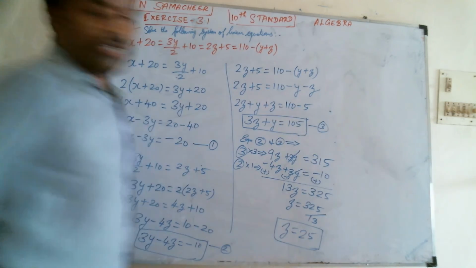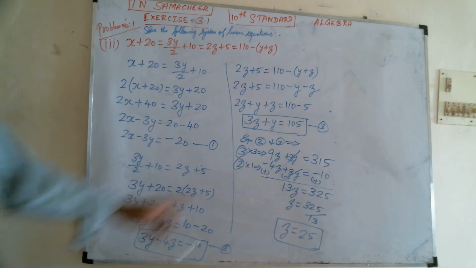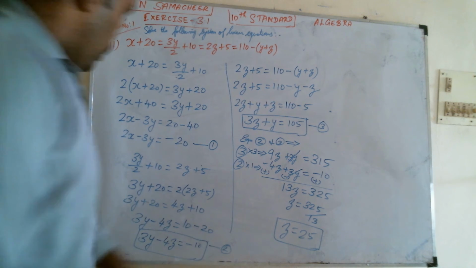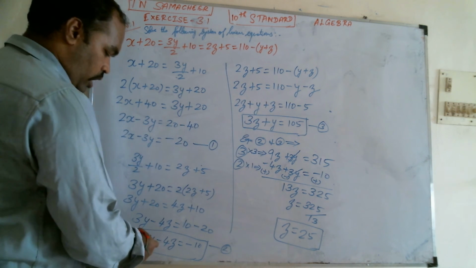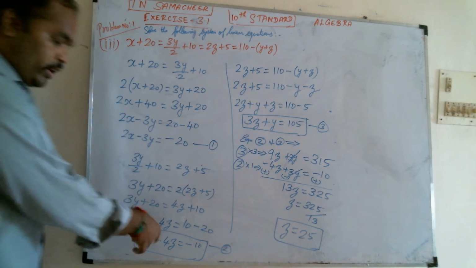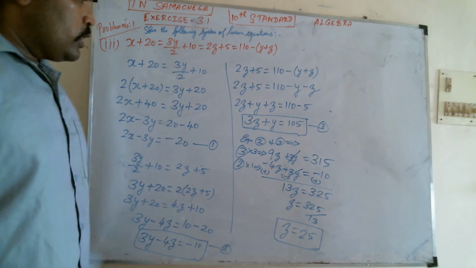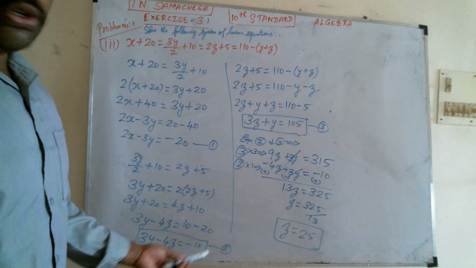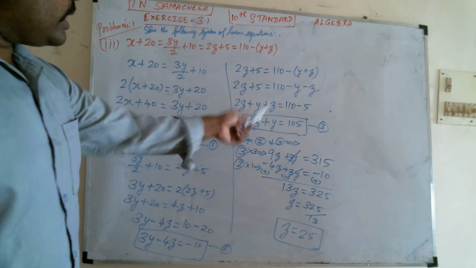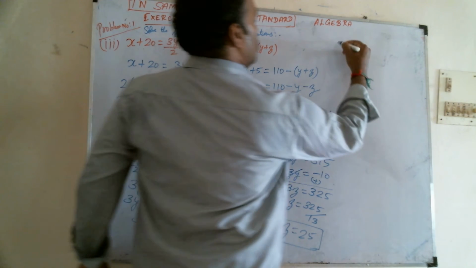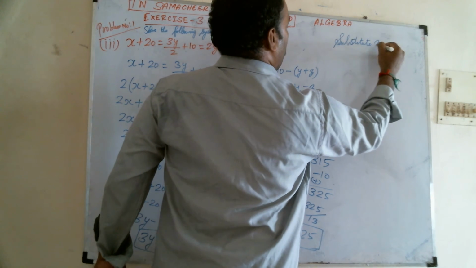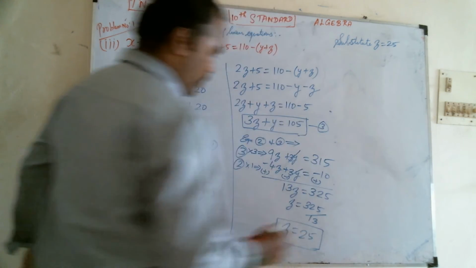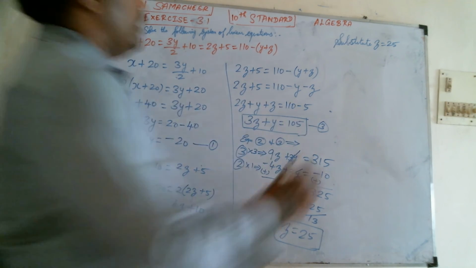Now, next we need to find out the x value and y value. So Z is there. If we substitute in the third equation or second equation, we can find out the y value. We can take any equation. So I will take the third equation. Substitute z equal to 25 in equation 3.